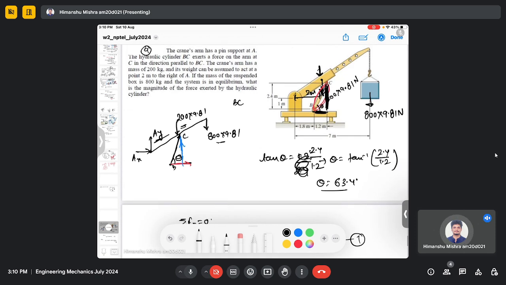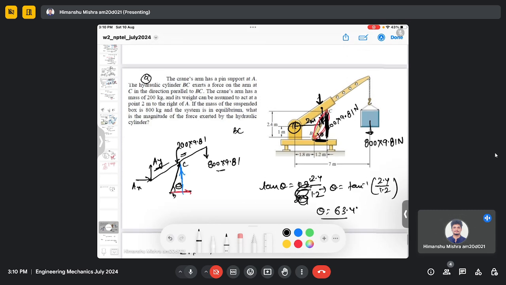If I take the moment at point A, then I can find the force Fh, because there is a moment from the components of this force Fh. There will also be a moment due to these weights. This weight has a perpendicular distance, you can see here. It's 7 meter and it is 2 meter.